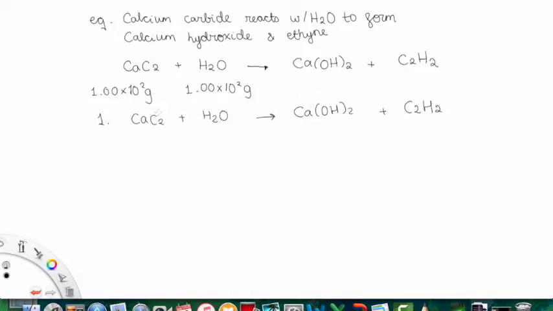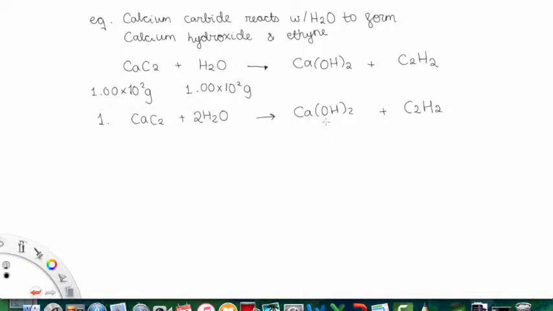We have 2 carbons here, 2 carbons here, great. But we have 2 hydrogens here, and we have 4 on this side. So what do we have to do? We put the 2 right here. And then by doing so, we actually balanced out the 2 oxygens on both sides. So that was a really simple balancing.